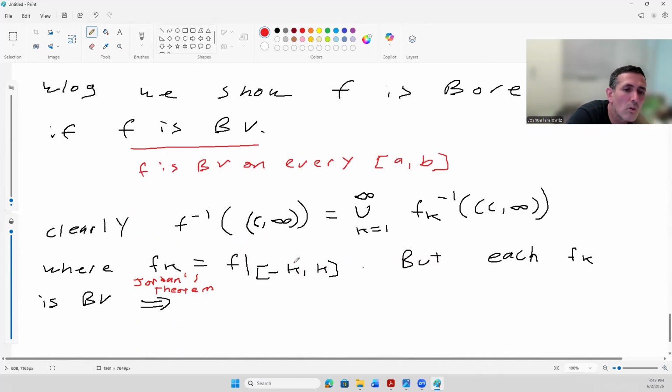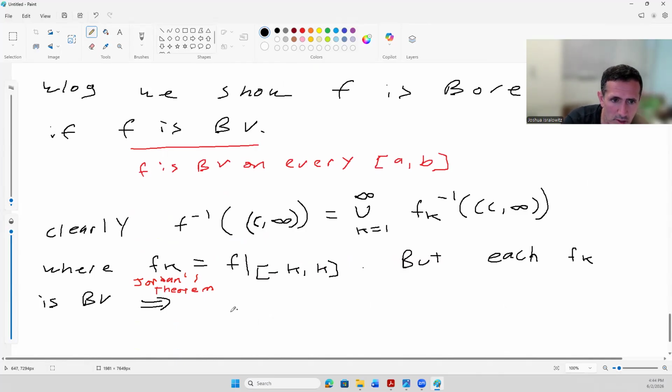The proof makes no sense at all. And actually, an astute grad student pointed out to me, hey, Jordan's theorem, the proof makes no sense for these functions f and g. So how do we do this? I was very happy to be asked that question, though I actually didn't really have an answer. This was yesterday.